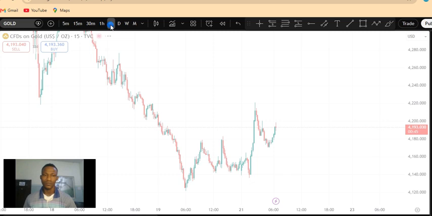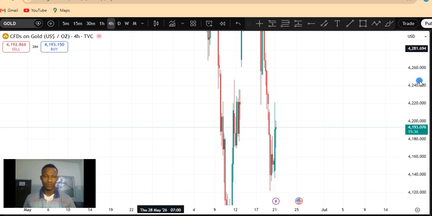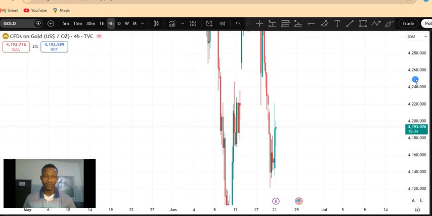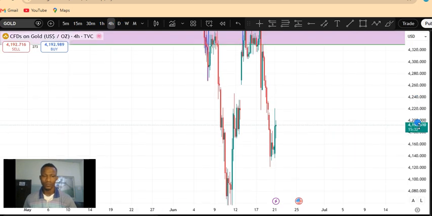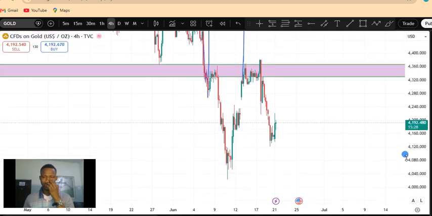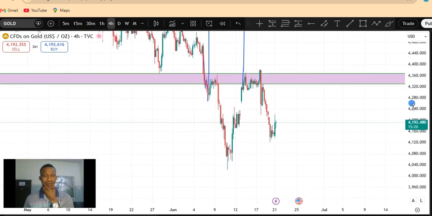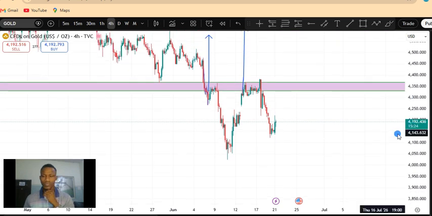I'm waiting on my structures to come up. Alright, so you can see these on gold.